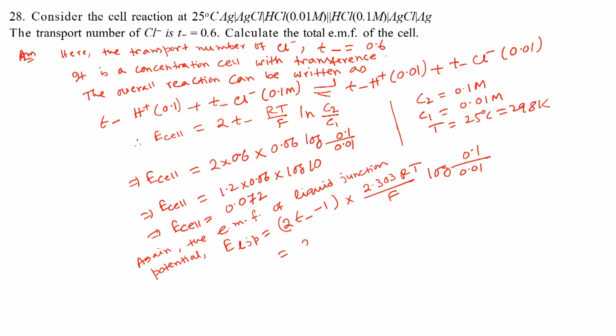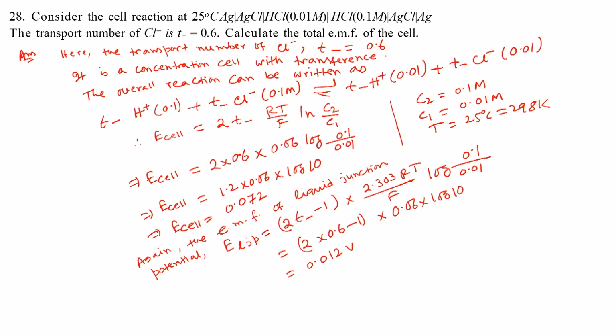If we calculate this, 2 times 0.6 minus 1 times 0.06 times log 10, which is 1 again, we get 0.012 volt. So this is the liquid junction potential, and that was the cell potential.